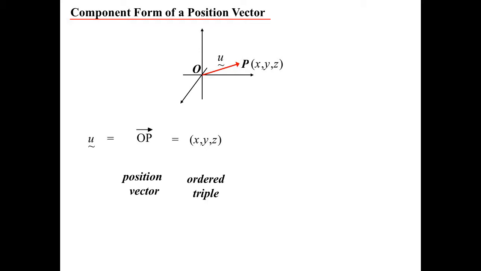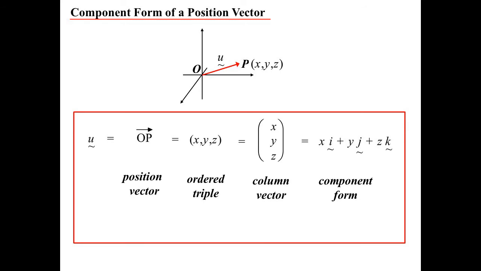We now have the ordered triple. A column vector, I personally prefer using column vectors with this stuff. But there is also component form when you break it up into its 3 components. So again, pretty much the same as we saw in 2 dimensions, just pushing it through to the 3rd dimension. The length of the vector is the square root of x squared plus y squared plus z squared.